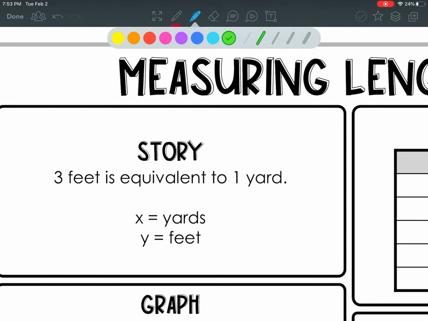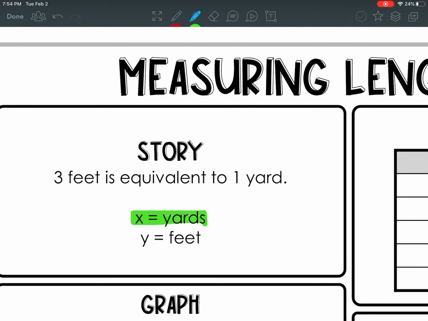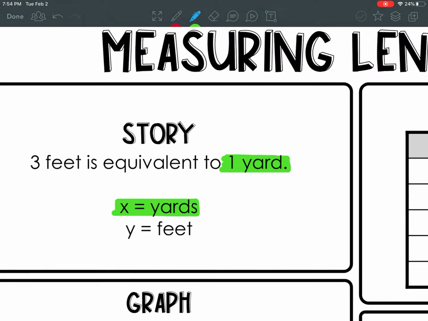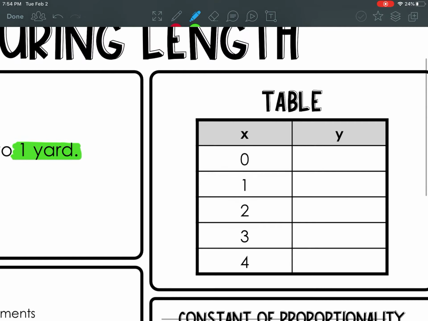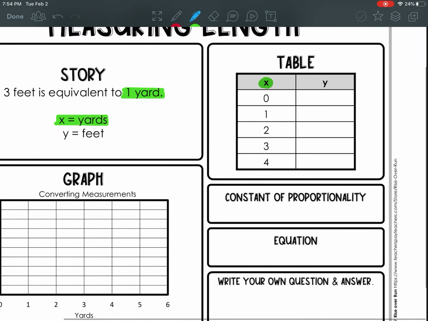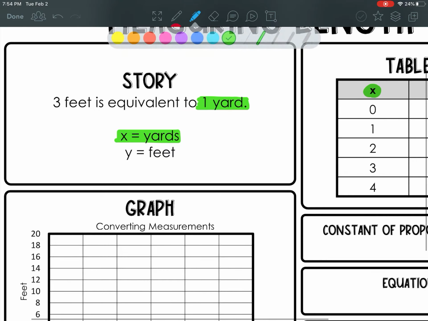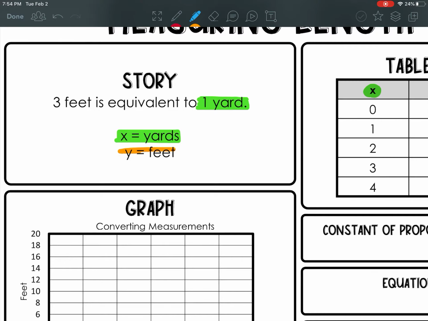Let's go for one more with measuring length. So now we've got another story. We've got x representing yards. So we have 1 yard in our problem here. We have 3 feet equivalent to 1 yard. Remember that x is the same thing on our x-axis. It's the same thing in our table, and it's also going to be the x in our equation when we go to write that.